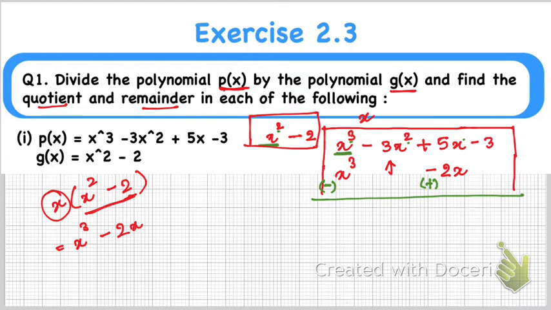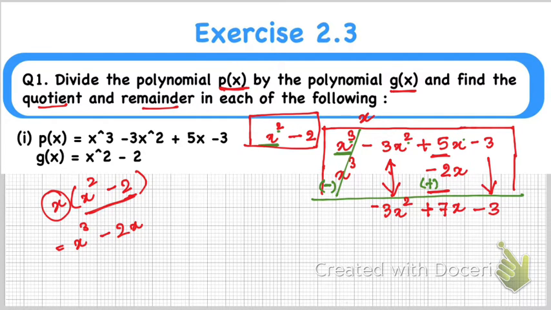This x cube and x cube get cancelled. What remains is minus 3x square, which will be copied as it is. Here 5 plus 2, the sign will be plus, that will give you 7x, and again this minus 3 will come down to here.